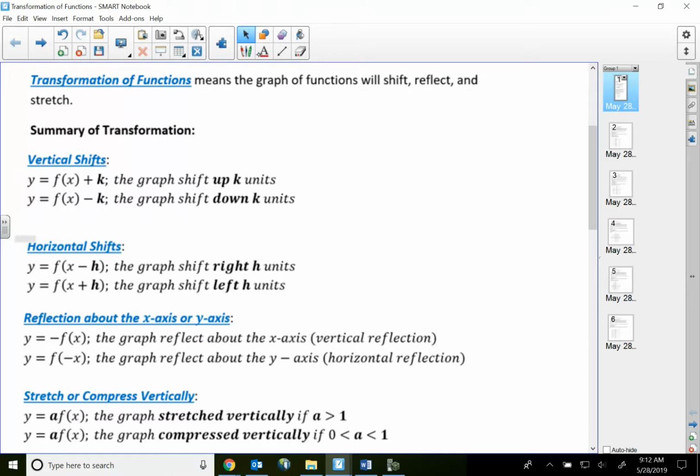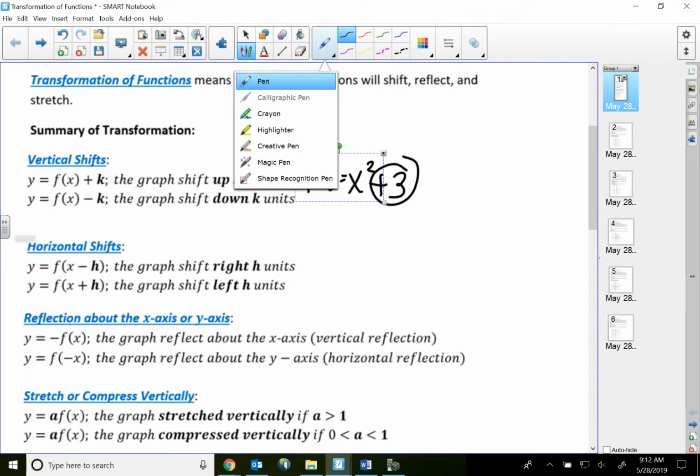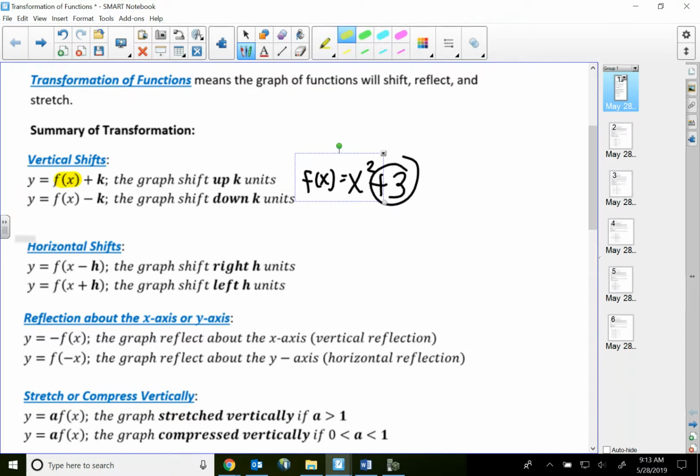For example, if I have a parabola, f of x equals x squared plus 3, this plus 3 tells you the function will shift up 3 units. The f of x is the x squared part, and plus k, plus 3, means shift up 3 units.